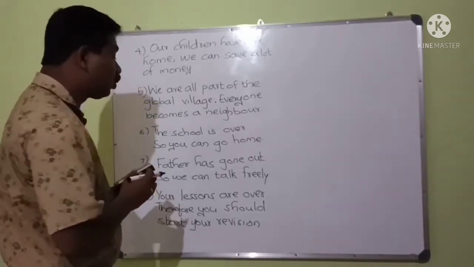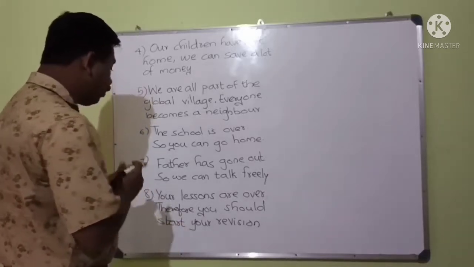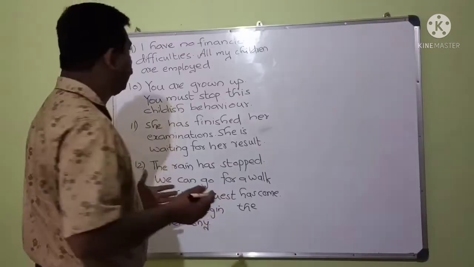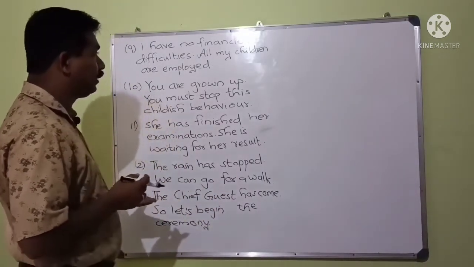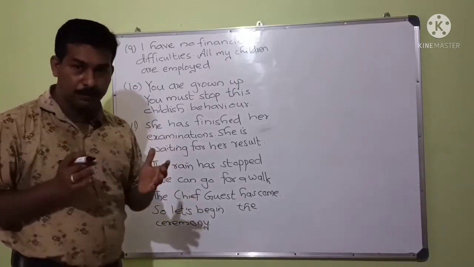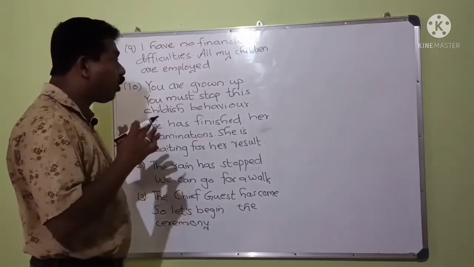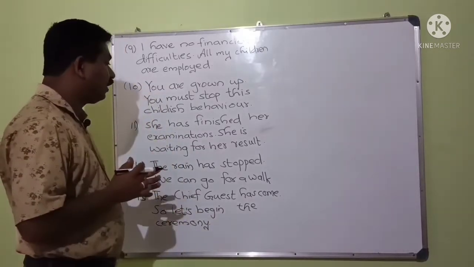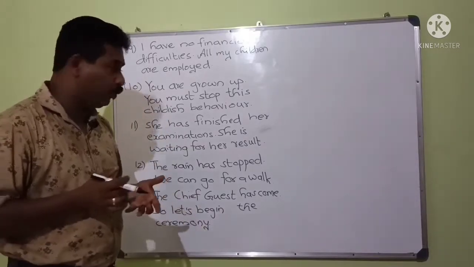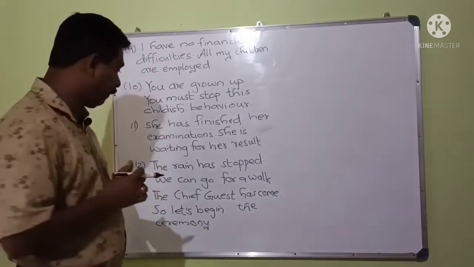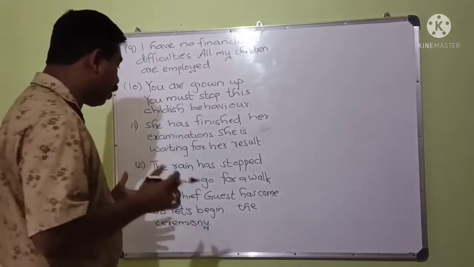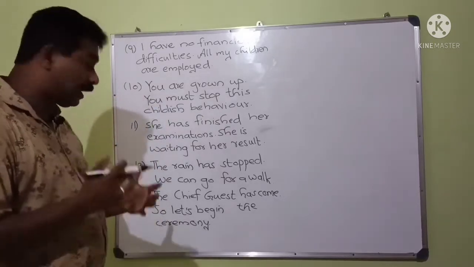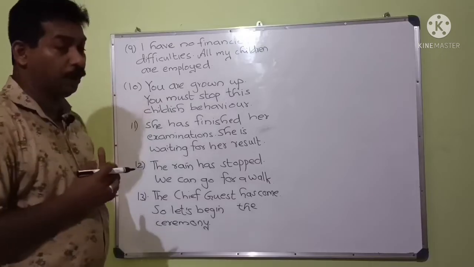Seventh one, father has gone out, so we can talk freely. Eighth one, your lessons are over, therefore you should start your revision. Ninth one, I have no financial difficulties, all my children are employed. 10th one, you are grown up, you must stop this childish behavior. 11th one, she has finished her examinations, she is waiting for her result. 12th one, the rain has stopped, we can go for a walk. 13th one, the chief guest has come, so let's begin the ceremony.